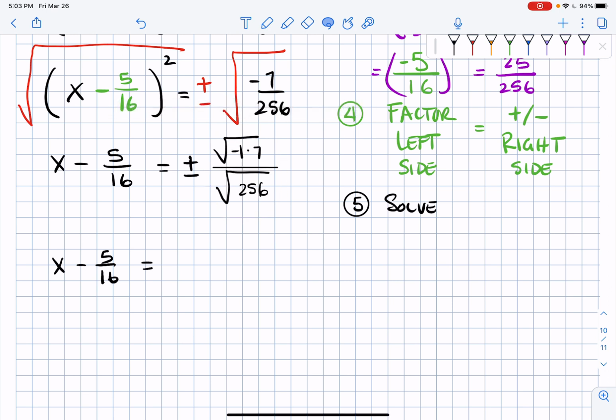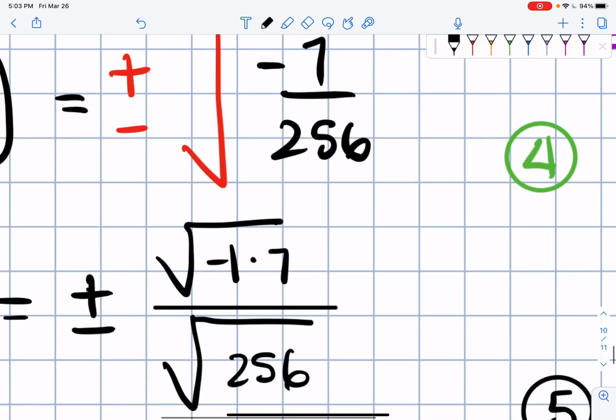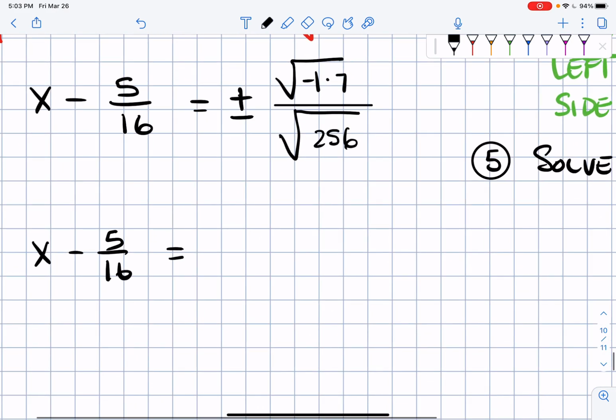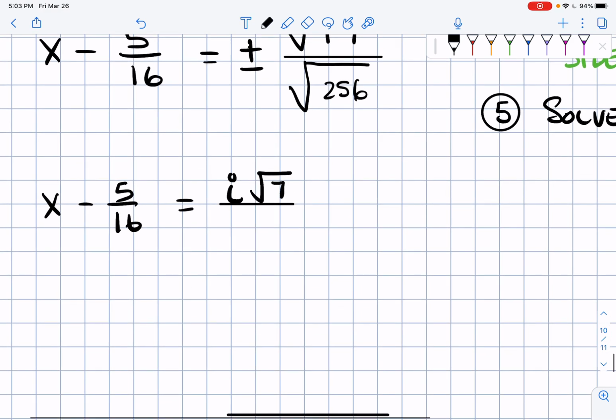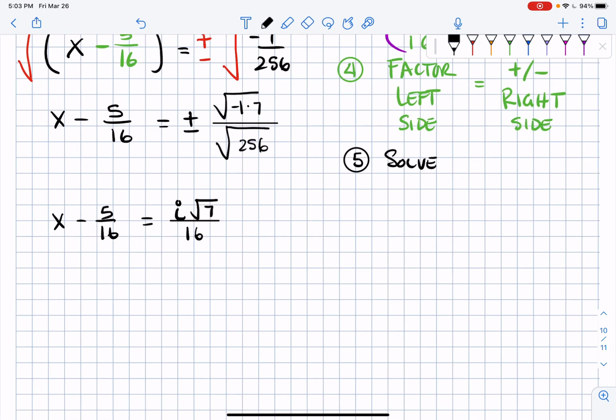All right, so what's going to happen here? Well, square root of negative 1 times 7, well, 7 can't break down anymore, but the square root of negative 1 is going to be i. So it's going to be i square root of 7 over square root of 256 is just going to be 16. Awesome. So now, oh, don't forget the plus and minus.